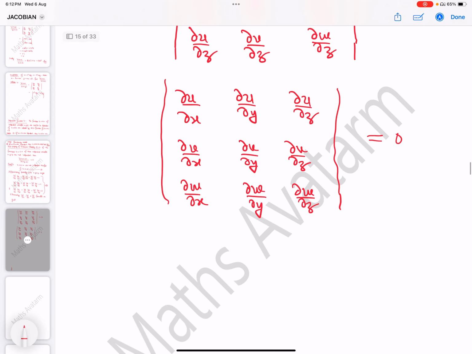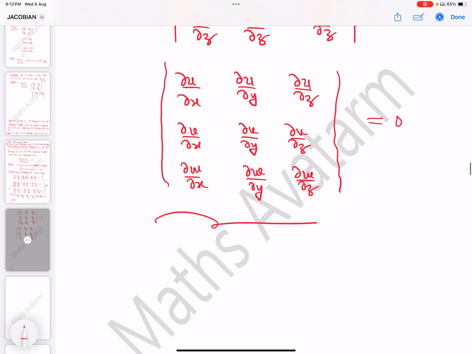What is this? This is nothing but the Jacobian of u, v, and w with respect to x, y, z. That is 0. So proved.